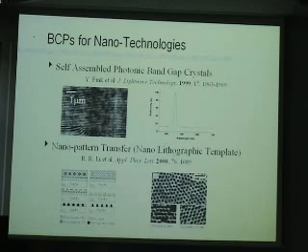In this case, Lee actually used the gallium arsenide substrate to fabricate the regular dot structure. So we can use the block copolymer self-assembled structure to fabricate this kind of dot structures.